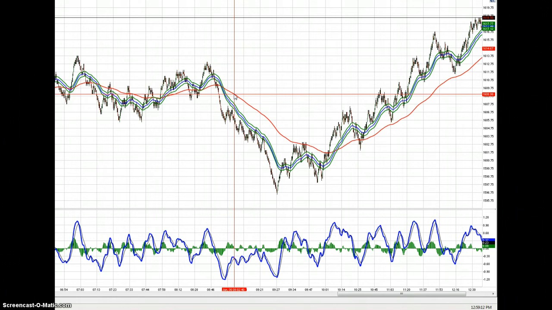The reason being is because it's designed to work really well under certain types of market conditions, i.e. trends, and when there's not very much trend in the market, you're not going to get as many reliable signals.